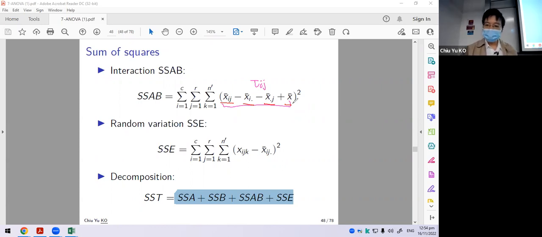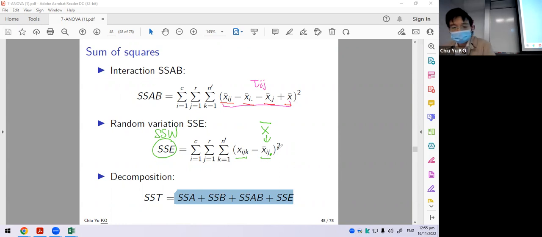And the very last one, we call SSE here, but this is just SSW in our old version. Because what we're doing is you take every data point, but instead of the overall grand mean, you subtract the, oh sorry, that should be no dot, because I don't use a dot here. It's just xij here. So instead of the overall mean, you look at the mean of the particular group.